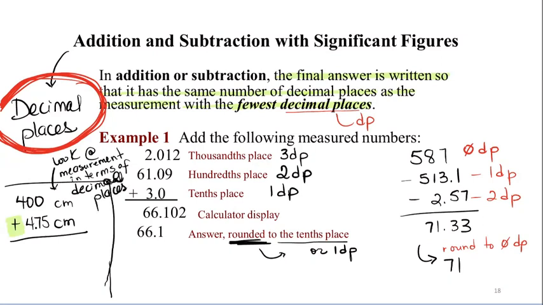The reason why I do this is because my mathematical operation is dictating how I'm going to treat these measurements. Are we good so far? So the addition tells me that I'm going to treat these measurements by looking at their decimal places. So that's what's directing the show. Am I adding or am I subtracting? Are we good up to that point?